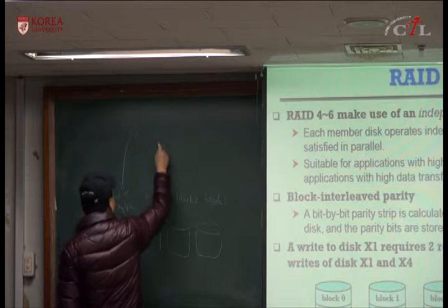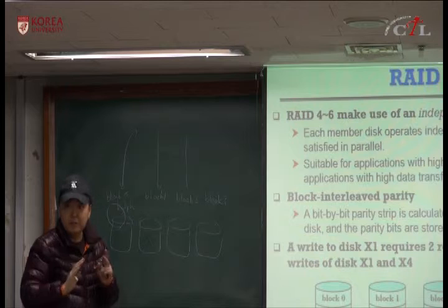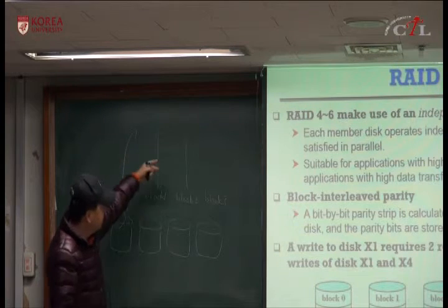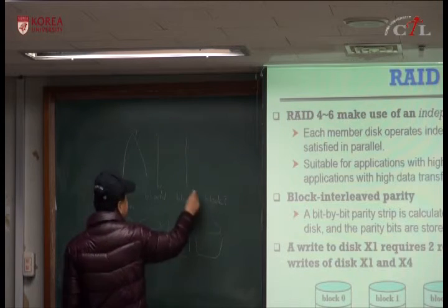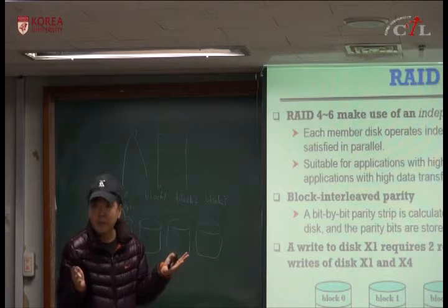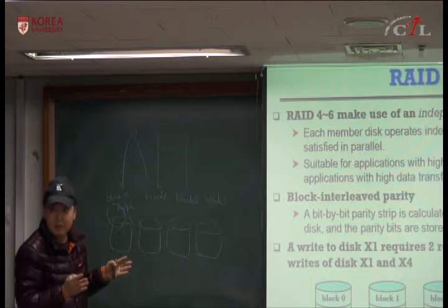Each disk can operate independently. They don't have to be synchronized, because they can transfer an entire block. Okay, and if there are multiple requests from the system, and the requests go to different disks, then maybe 4 disks can work in parallel also. But if all the requests are going to the first disk, then there is some conflict.